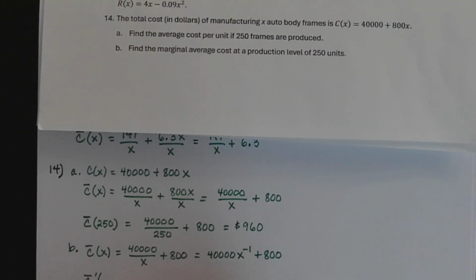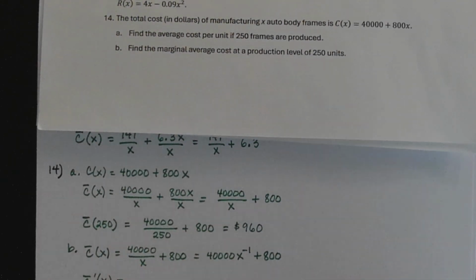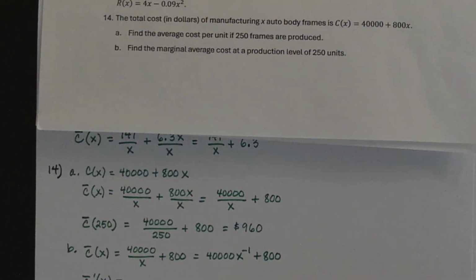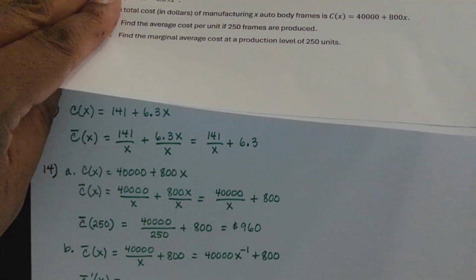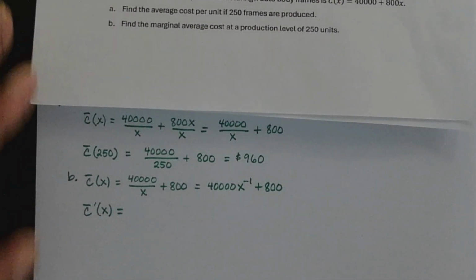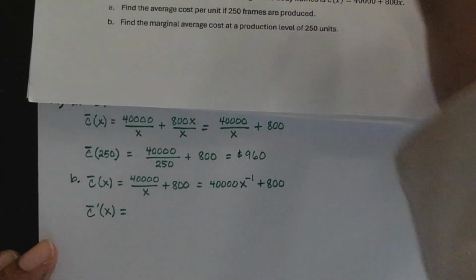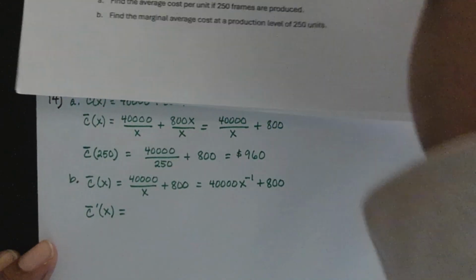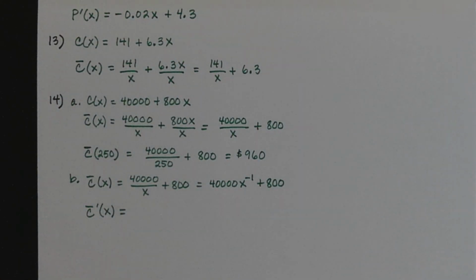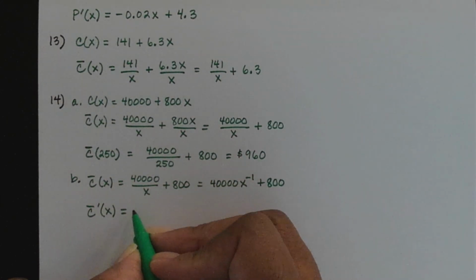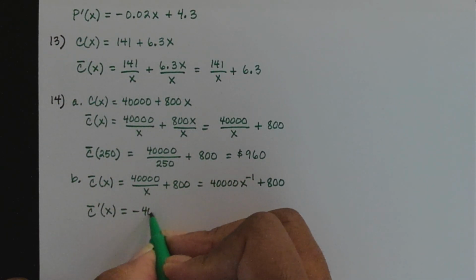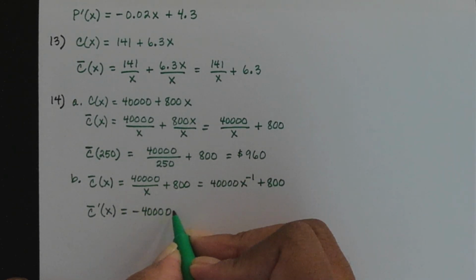So C bar prime of x, and it would be best to move this up. So what's the derivative of 40,000 x to the negative 1? Negative 40,000 over x squared. Okay.